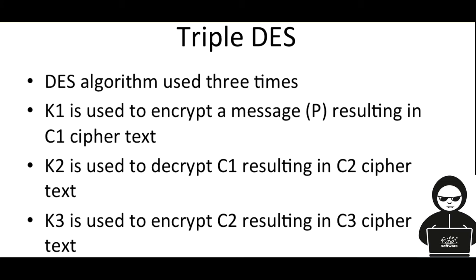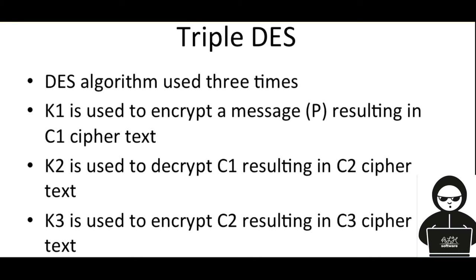So we have 3 different keys applied in 2 different ways. With K1 and K3, we do a round of encryption, and with K2, we do a round of decryption. So it's an encrypt, decrypt, encrypt process with 3 separate keys.